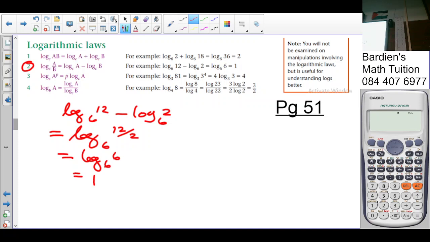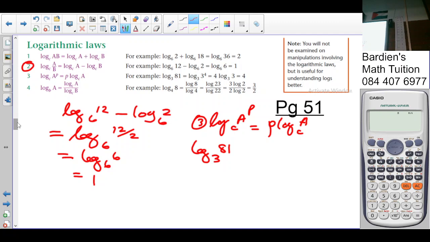Let's look at log law 3. Third log law, we spoke about that already. Log a to the exponent p base c can be written as p log a base c. So let's look at the example. We've got log 81 base 3.